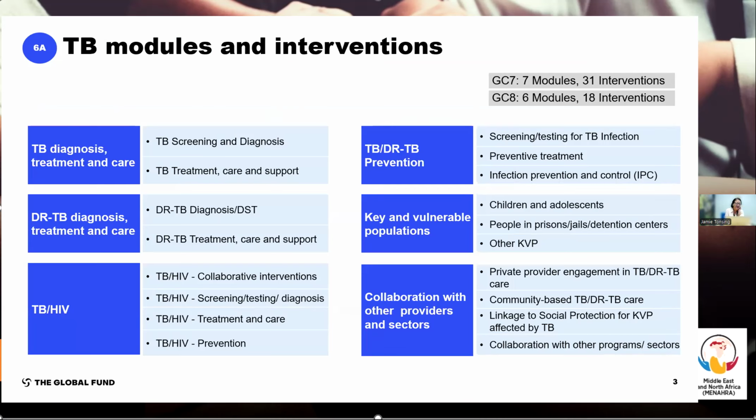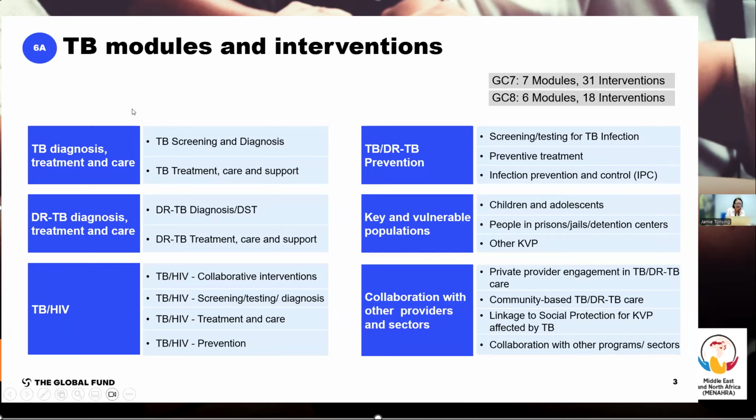The ones in dark blue are the modules, and we have 6 modules for TB: diagnosis, treatment and care; DRTB diagnosis, treatment and care; TB/HIV; DRTB and TB prevention; key and vulnerable populations; and collaboration with other sectors and providers.